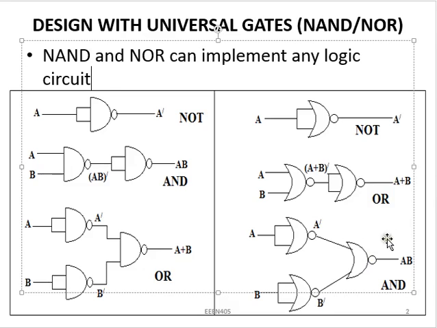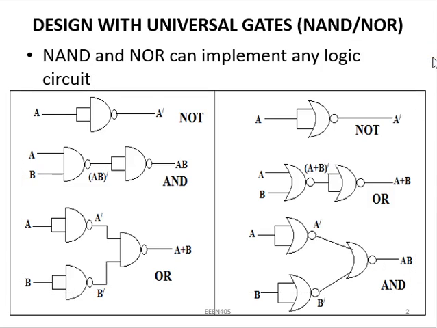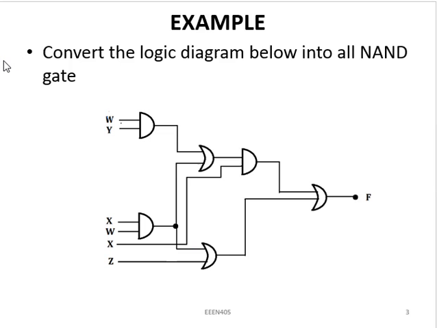If you apply De Morgan's theorem, you eventually have A double prime dot B double prime, which is equivalent to A dot B, the AND implementation. And this is the reason why we call NAND gates and NOR gates universal gates, because they can implement any logic gate you have.